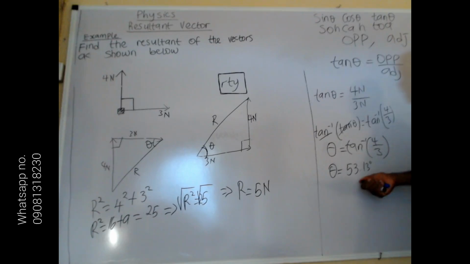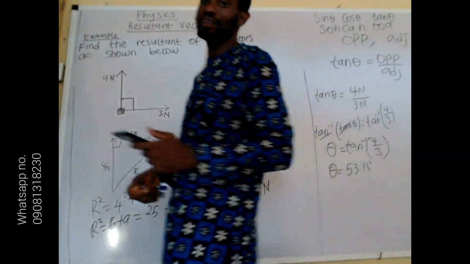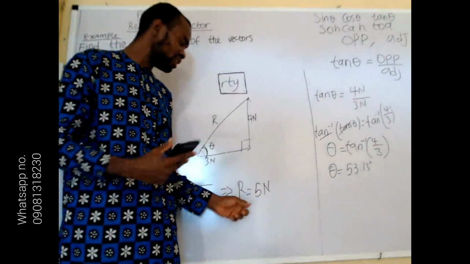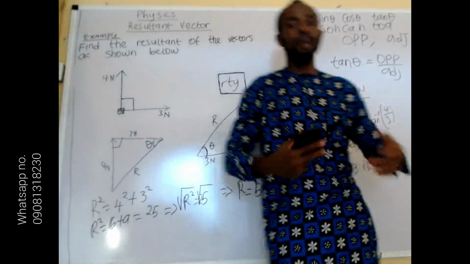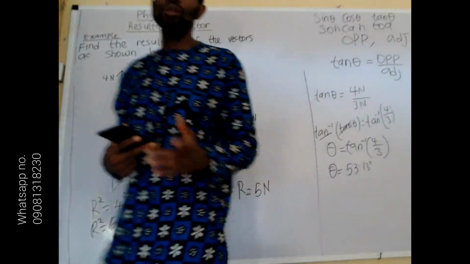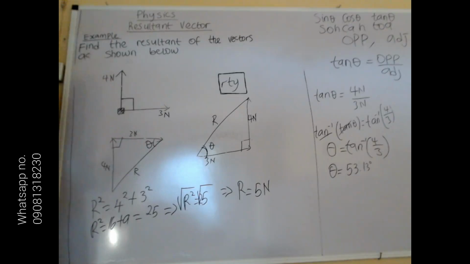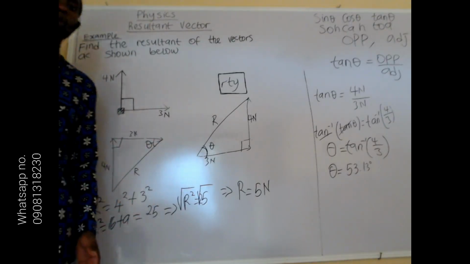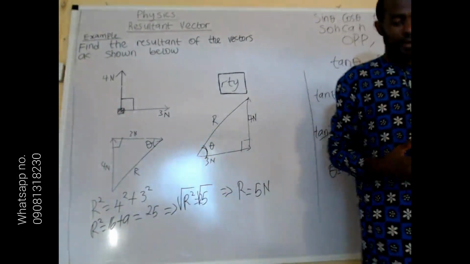So this is theta. This will give you the direction of the resultant vector, and this gives you the magnitude of the resultant vector. Together, you now have a complete resultant vector, because it must have magnitude and direction.